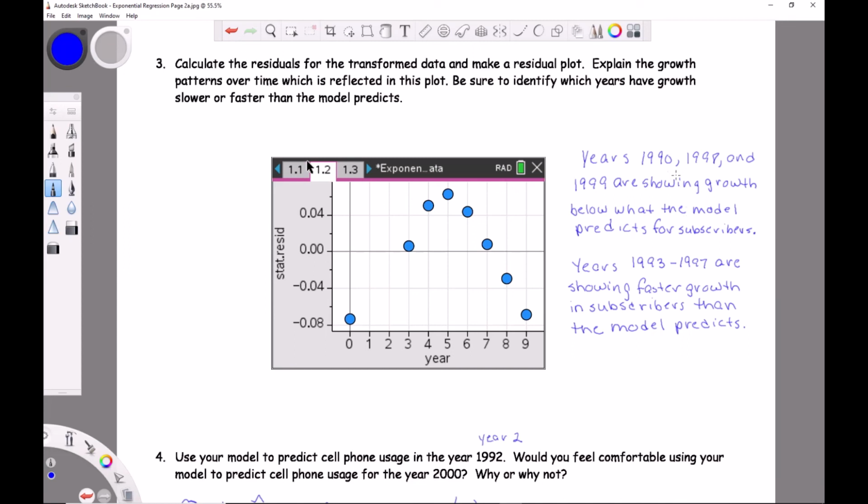Basically, I just highlighted the 3 years where we saw growth below what the model predicts for subscribers, here, here, and here. And then the other years are showing faster growth in subscribers than the model predicts. That's all that you use a residual plot for when you're doing an exponential model. So that's your notes. I'm sorry.